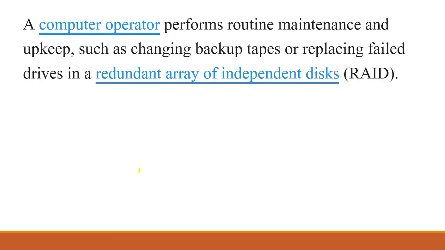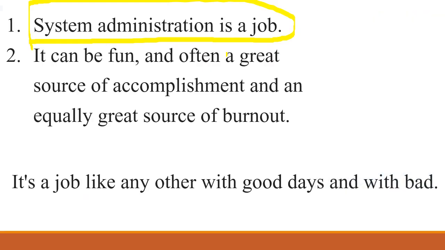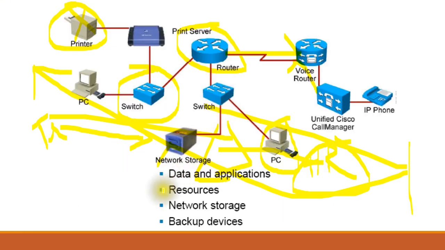Computer operator. Similarly, there will be a group. These guys will be performing routine maintenance and upkeep, such as changing backup tapes. Let me take you back once again to this slide. Here you have the network storage, with multiple disks in this device.